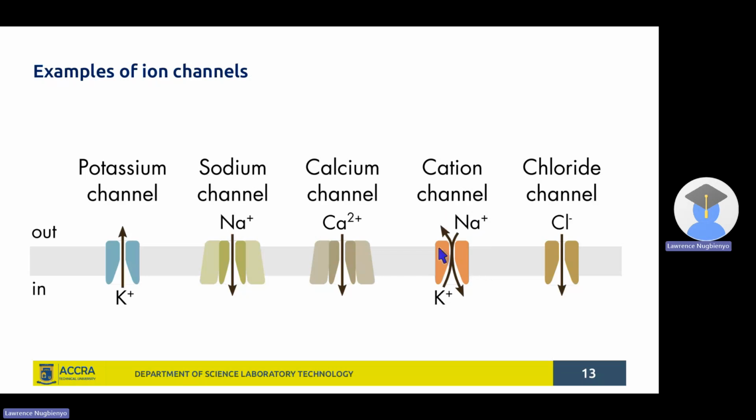So in the end, this transport is not going to result in a net change in charge across the membrane. And you have the calcium channel also transporting calcium ions in one direction, so that too is a uniporter. The chloride ions, the same, a uniporter transporting in one direction.